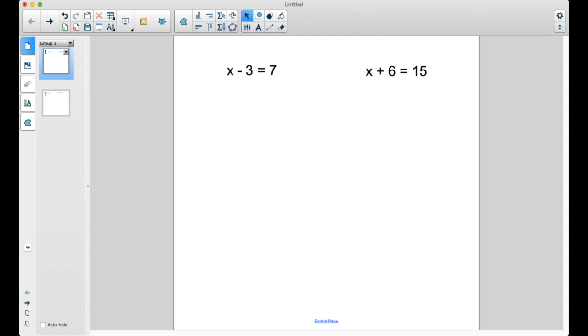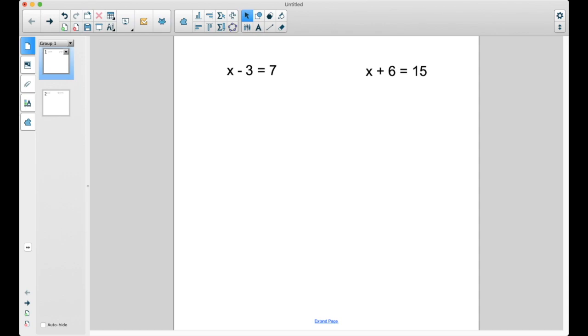So if we look at the left side currently, we have x minus 3 is equal to 7. We want to get that minus 3 away from that x, and what we need to do is the opposite operation. For us, the opposite of subtracting 3 is adding 3.